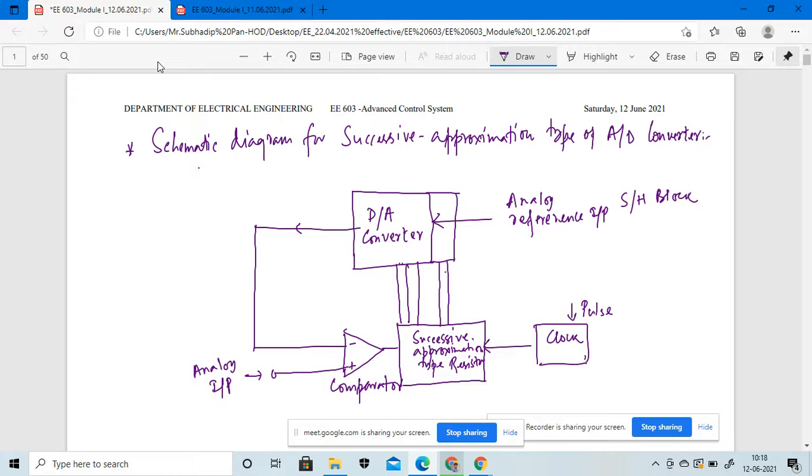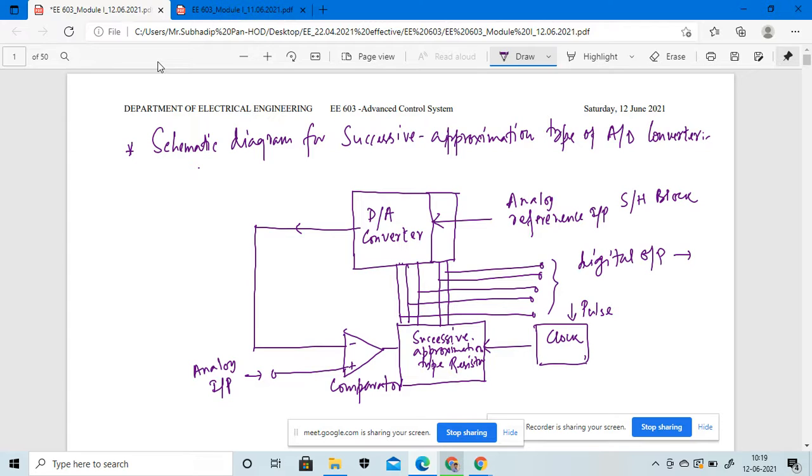So here there must be some inputs. Yes, so this is actually my digital output that will be entered into the process.